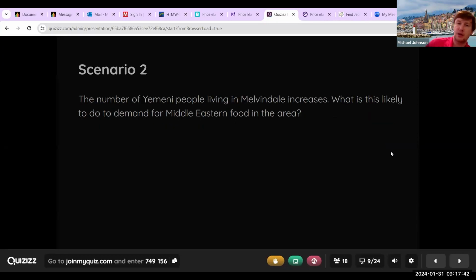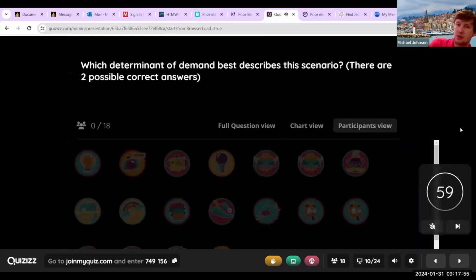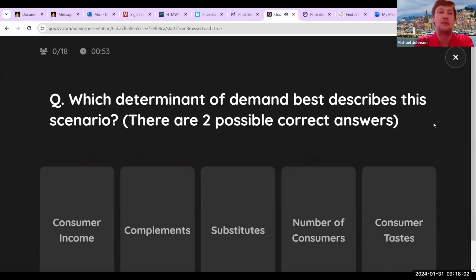So scenario 2: the number of Middle Eastern people living in Melvindale increases. What is this likely to do for demand for Middle Eastern food in the area? Which determinant of demand best describes the scenario? There are two possible correct answers.